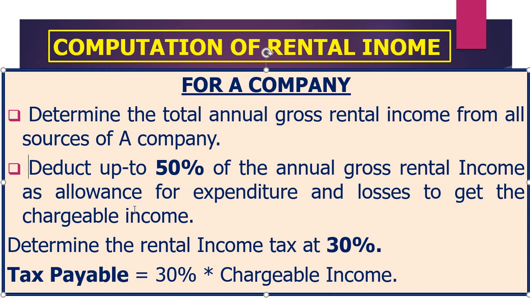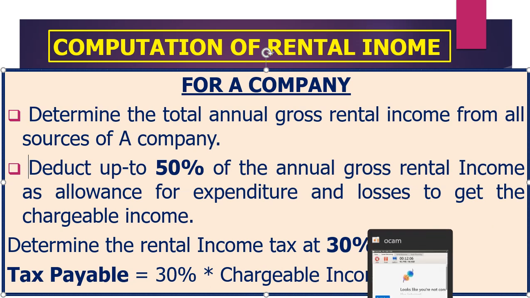The question is, how do we get the chargeable income? We get the chargeable income by taking the gross annual rental income minus up to 50% of the expenses, and some losses may also come in. Then you get 30% times that chargeable income.